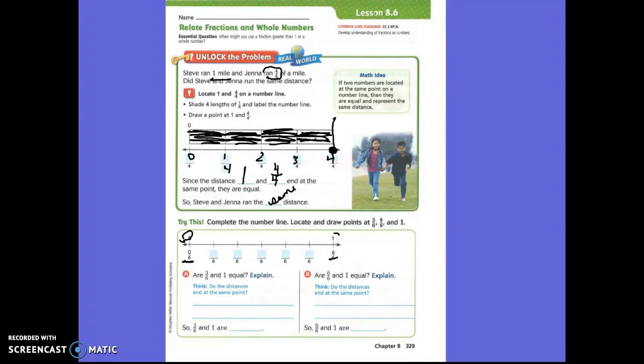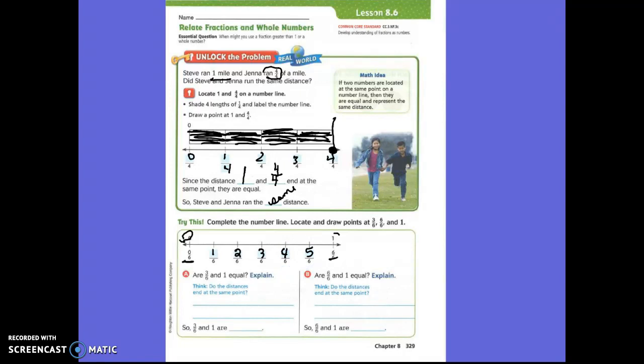This is 0 wholes. What's going to be my next blank? 1/6. Then the next one? 2/6. Next? 3/6. Next? 4/6. And next? 5/6. All right, and 6/6. And then they have 6/6 for you.